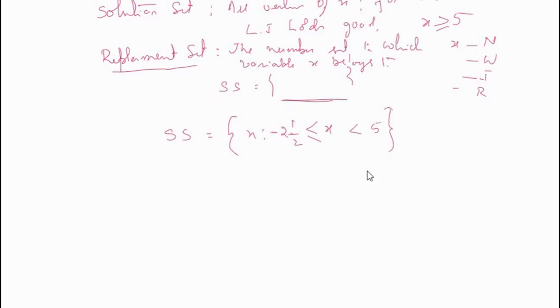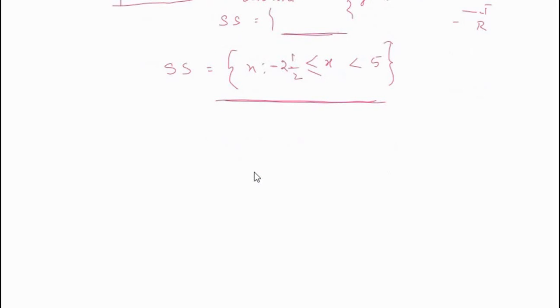For some linear inequation, this is the solution set. Now I said the actual values of x will vary depending upon the replacement set. So the replacement set can be N, W, I or R.